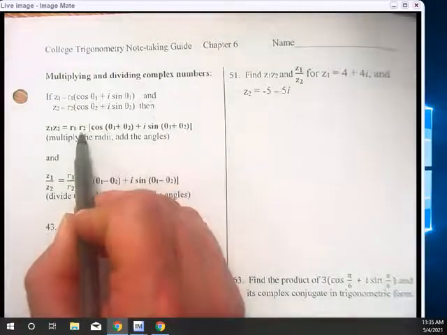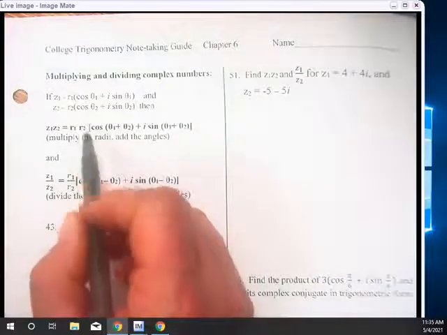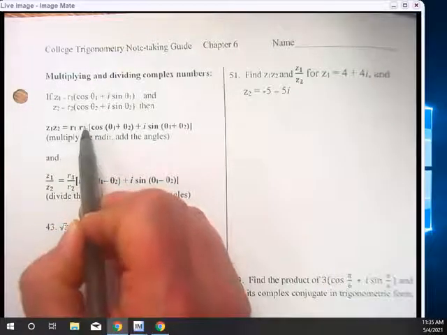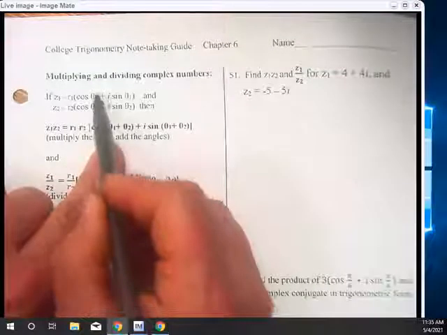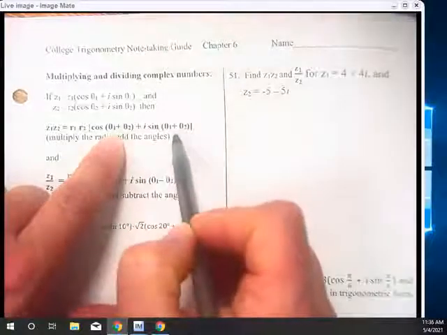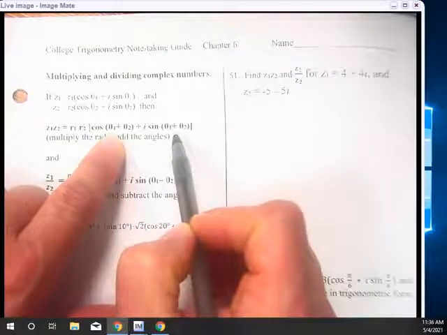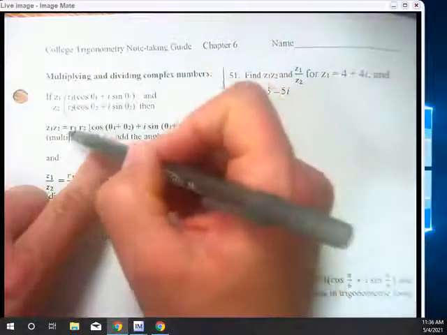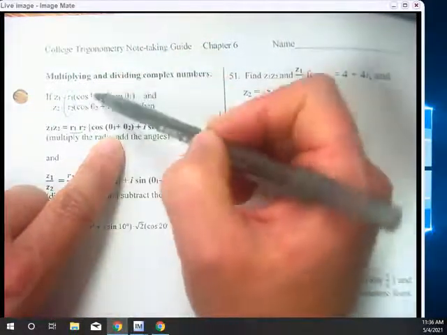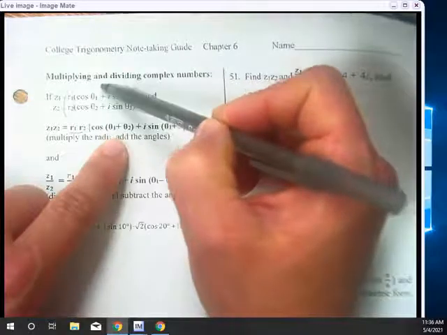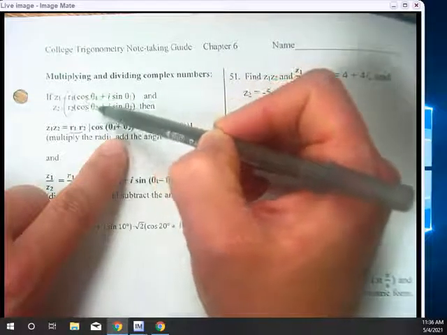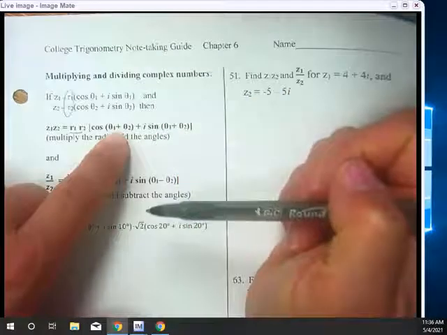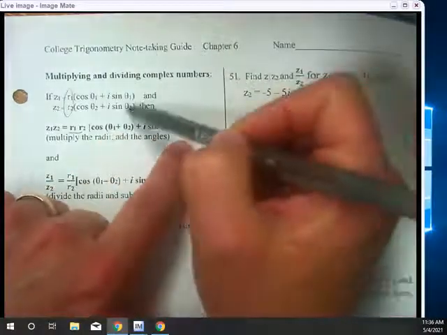Then to multiply those two together, you're going to multiply your r and your second r, and then you're going to add the angles together. So you're going to take your radii that are in front, multiply those together, and then do cosine of your first and second theta added together, cosine of just the one answer, and sine of that same angle.